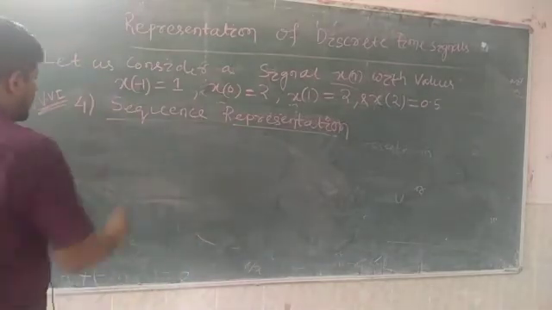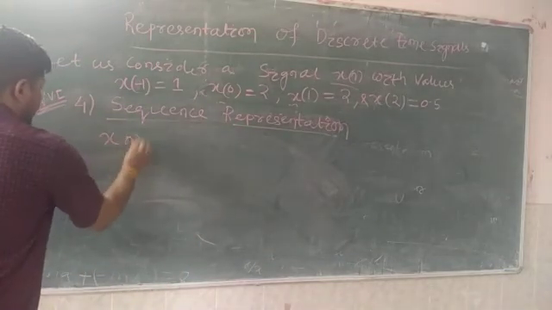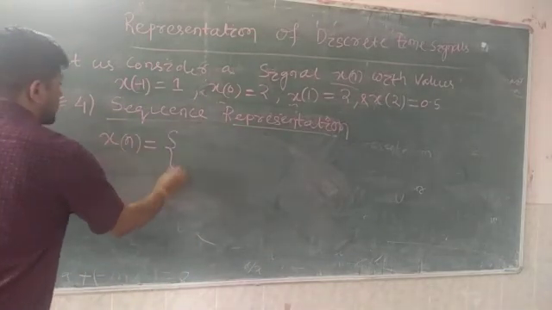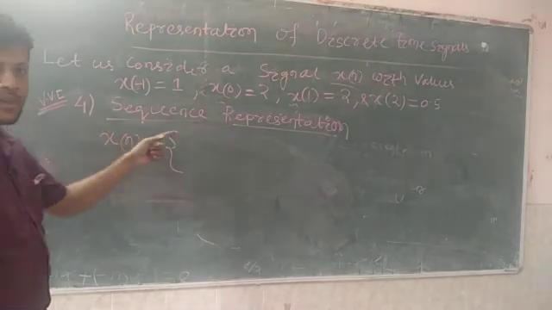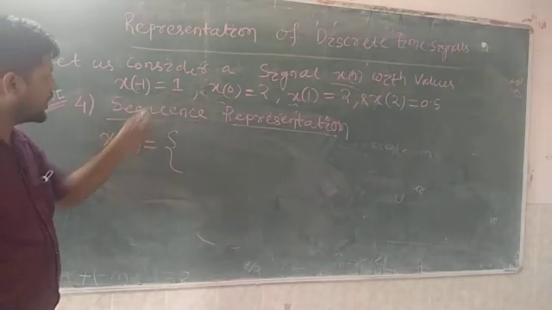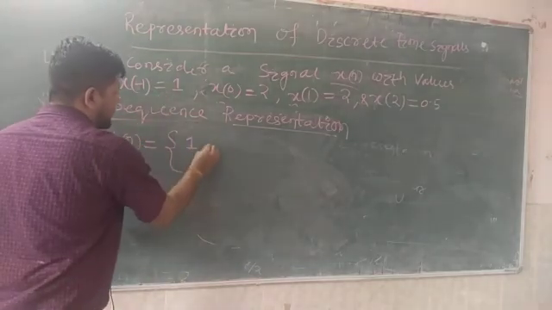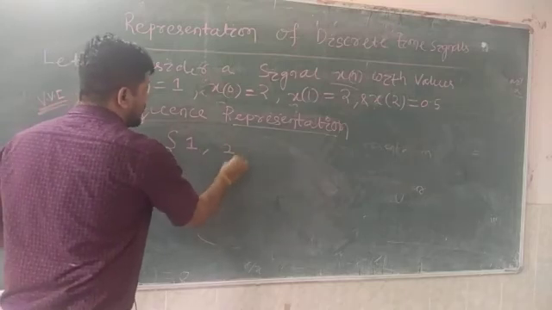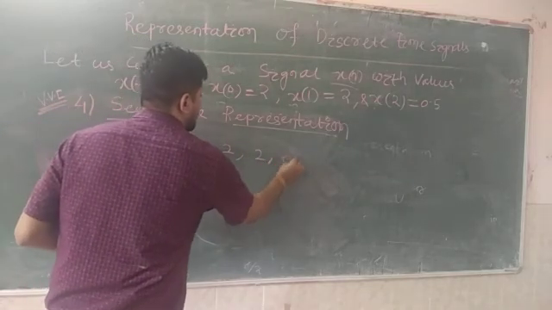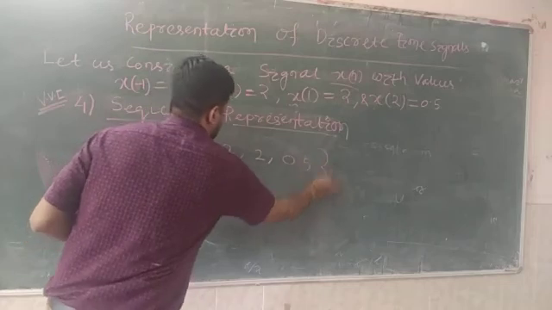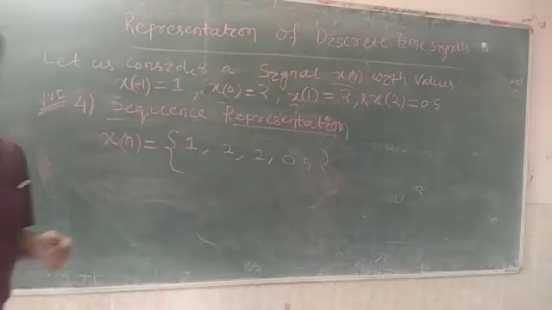In sequence representation, first of all we write x n is equal to, in curly bracket representation, the amplitudes. What are the amplitudes? 1, then 2, then again 2, and then 0.5.